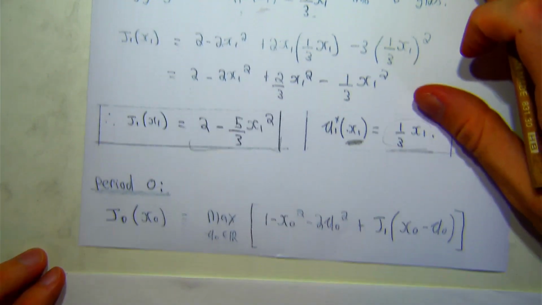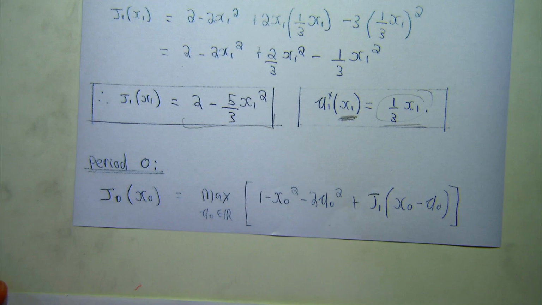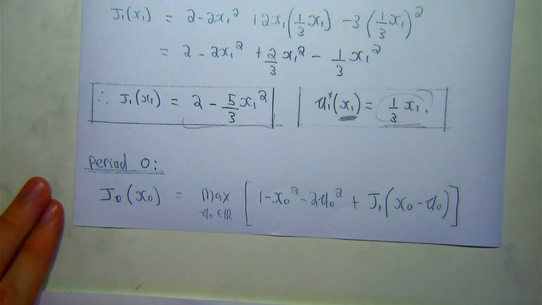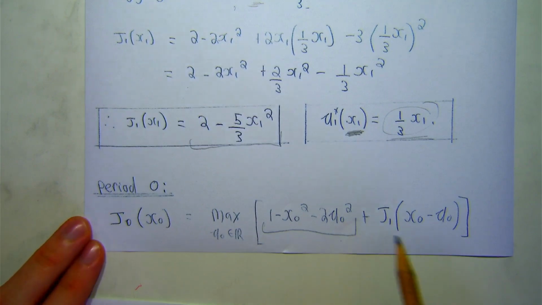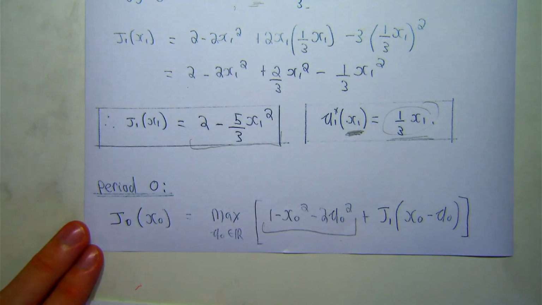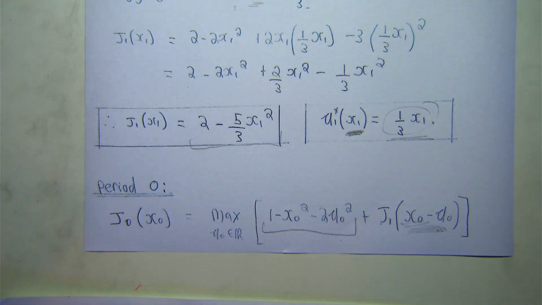Okay, and then we go again to period 0. Period 0, using our fundamental equations of dynamic programming, is simply our f function evaluated at 0 plus our value function plugged in with x1, which is determined by this rule, and then maximizing it with respect to u.